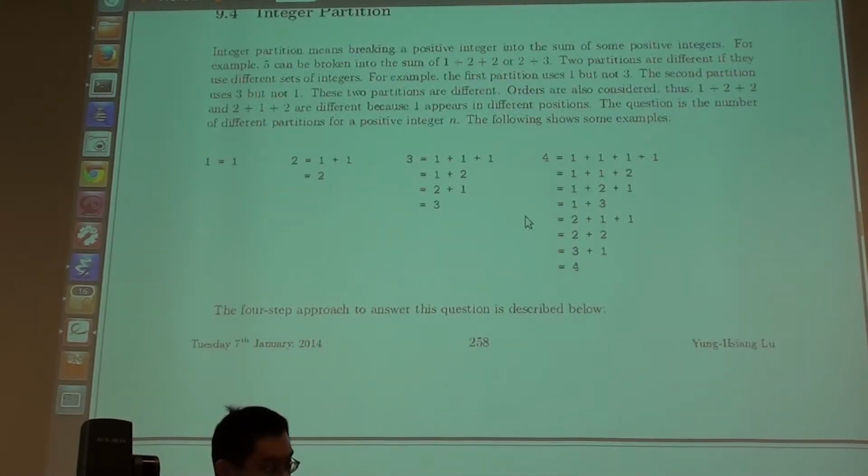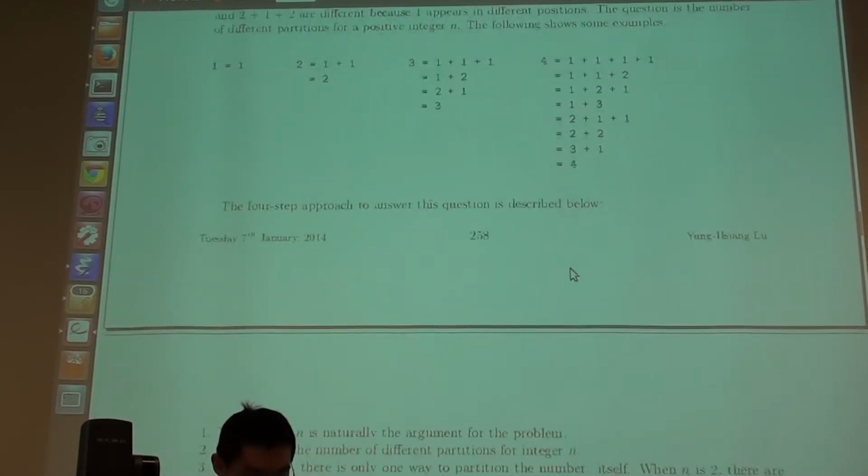If you want to partition 4, you have 8 lines, if you count 1, 2, 3, 4, 5, 6, 7, 8. So I want to partition 4, and I have 8 lines. And I want to ask, what's the general formula to partition n? How many lines do I have? That's the question. Make sense so far? Everyone understand the problem?